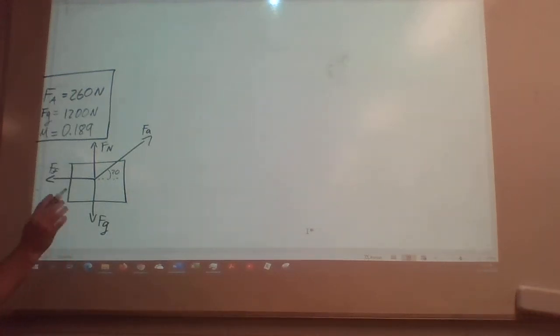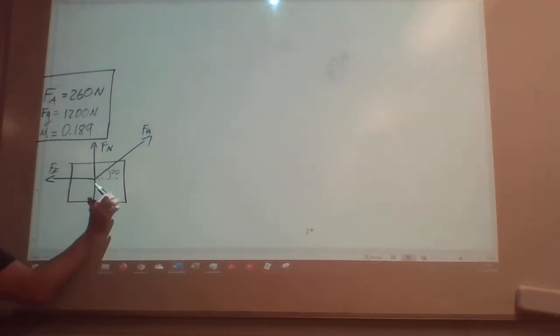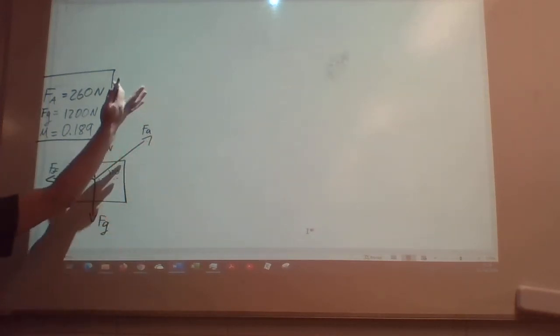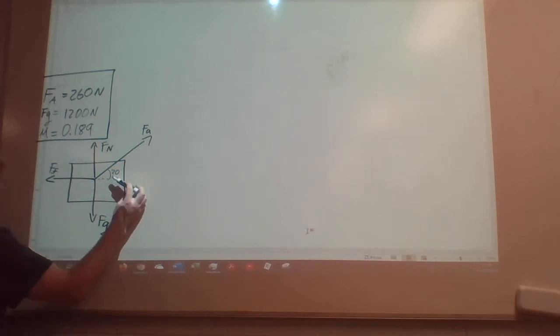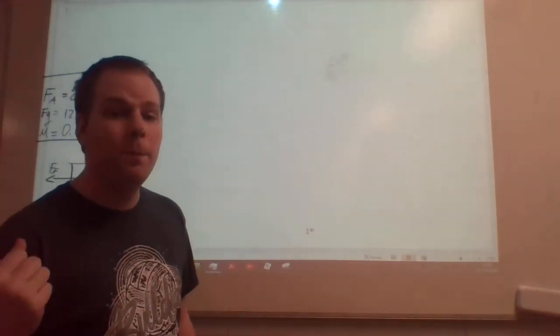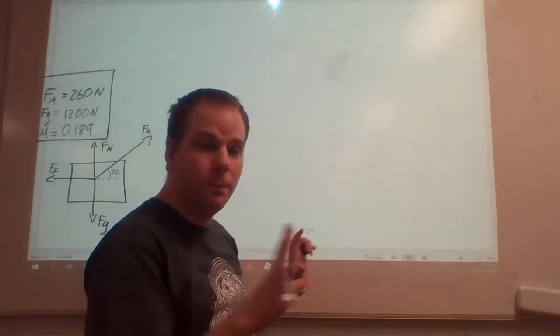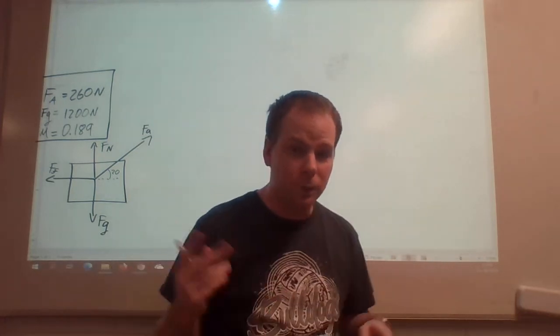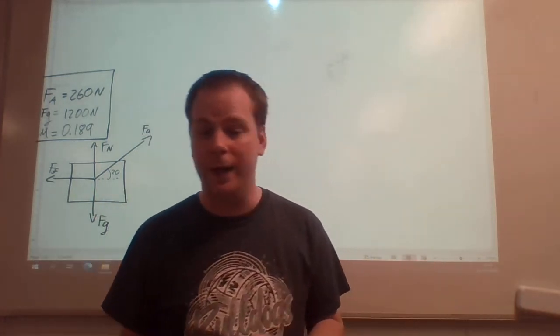Okay, so our forces are the same, except that our applied force is now an upward force 20 degrees above the horizontal instead of a downward force 20 degrees below the horizontal. It is also now a pulling force rather than a pushing force, which is part of the reason why it's up instead of down.